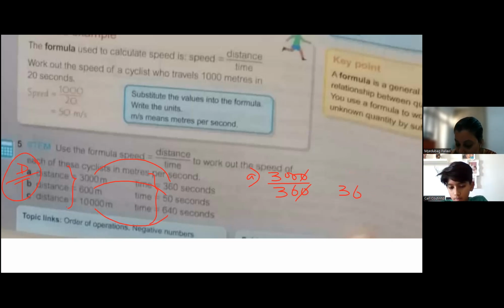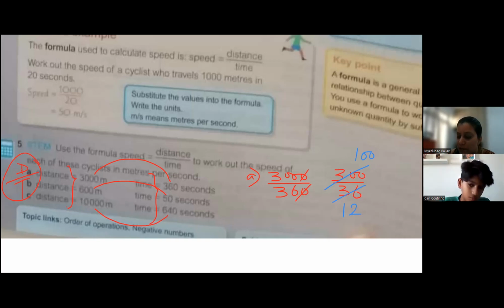What will we get? 300 divided by 3 gives 100, and 36 divided by 3 gives 12, so 100 by 12. Do 100 and 12 have any common factor? 2 is there, 4 is also there. So we can cut it with 2 or with 4.